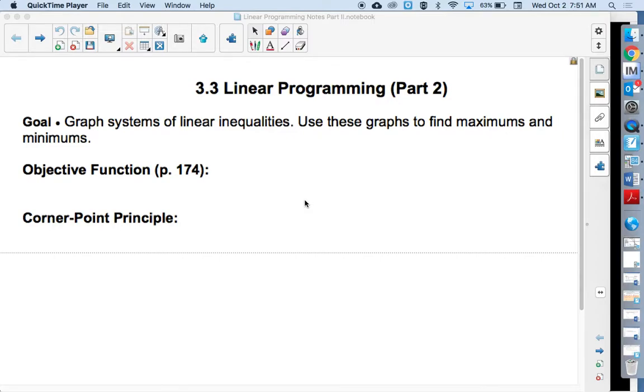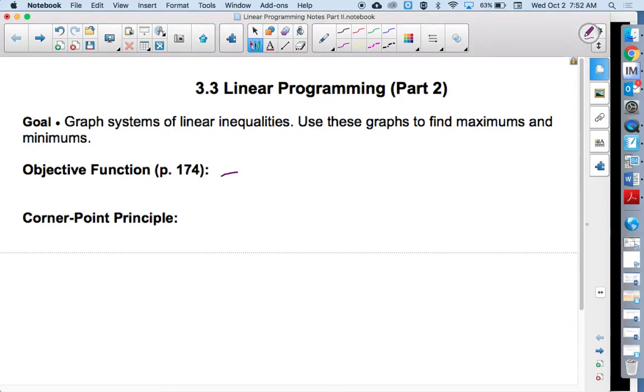So we have two different terms here. The objective function is an equation, and that was the equation that you were using in the 6 problems from the book, where you had C equal to whatever it happened to be equal to.